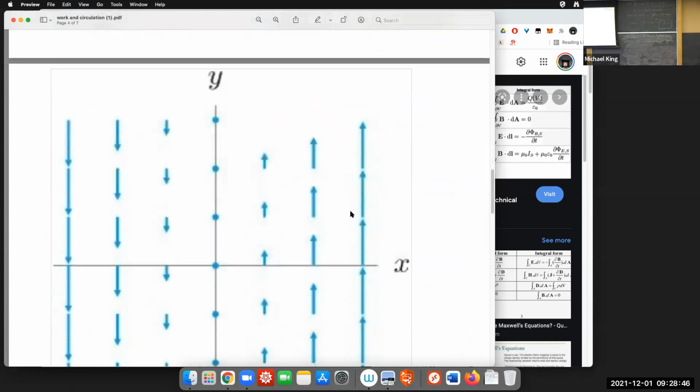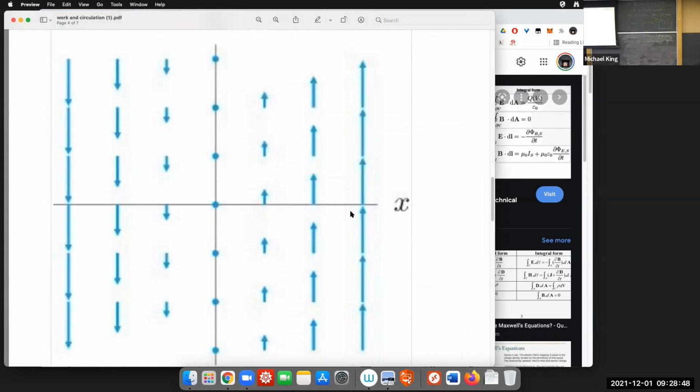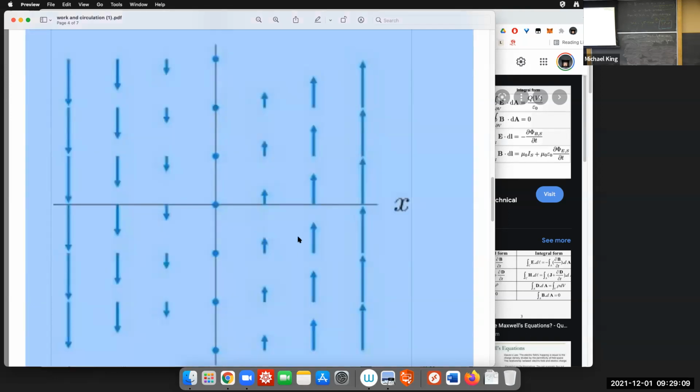So here's an example. If I do some sort of loop here, let's say counterclockwise, is the line integral going to be positive, negative, or 0? Do people agree with that?